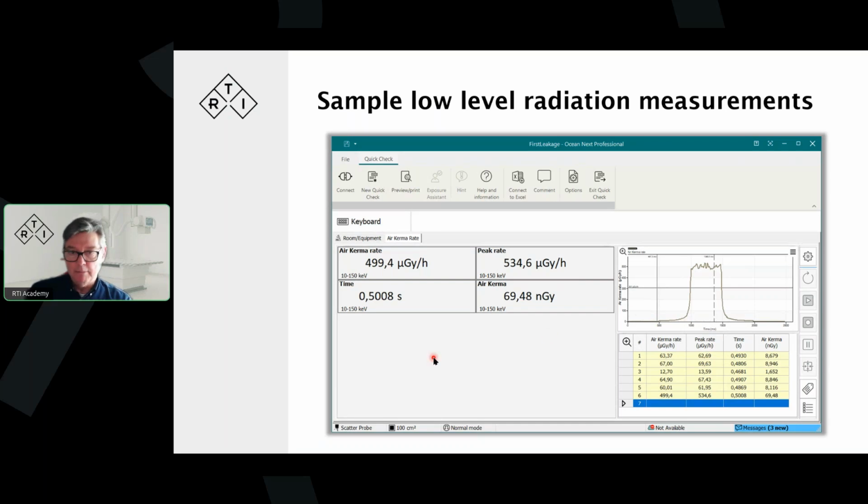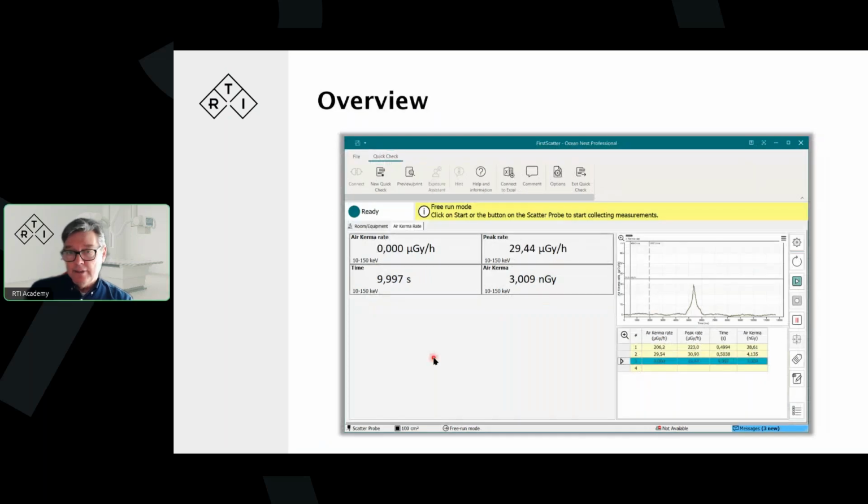So just as a mark, just keep that in mind when we move forward. If the radiation is lower than the trigger level, we can turn on free run mode, and this is free run mode. So this is the toggle button right down here.